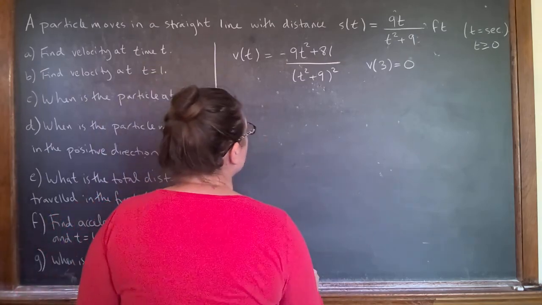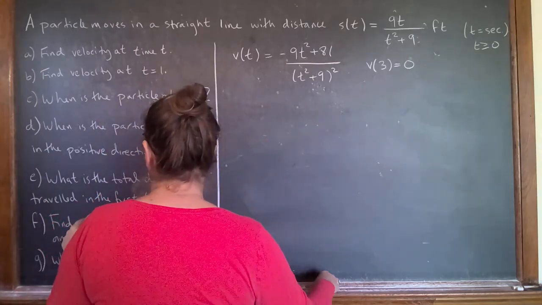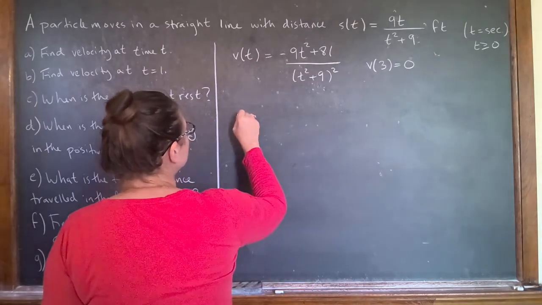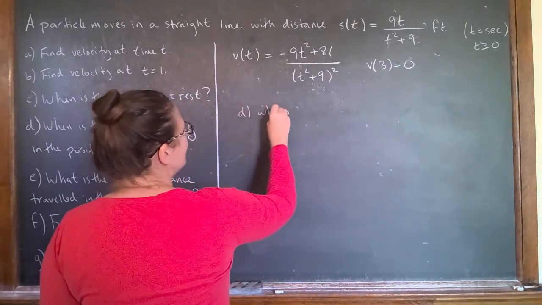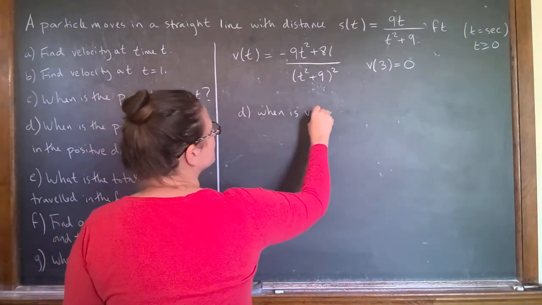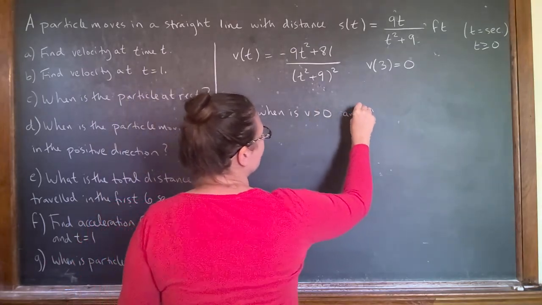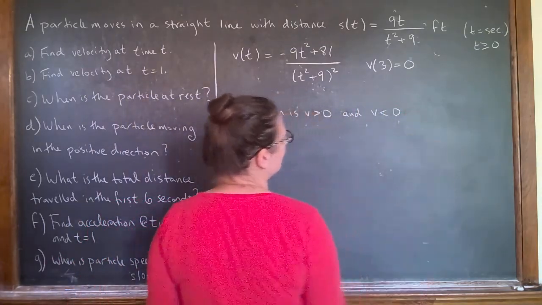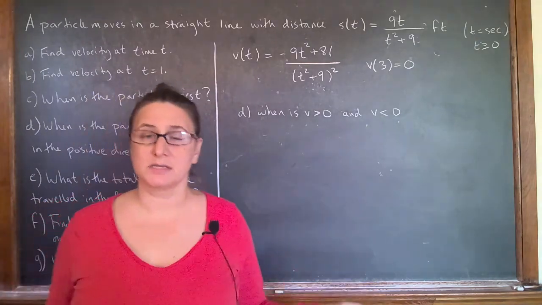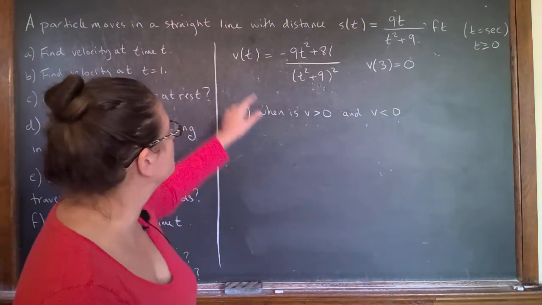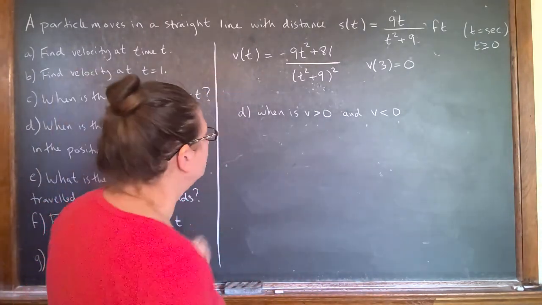So the question for part D is, when is the velocity positive and when is the velocity negative? Of course, all we need is a sign chart for the velocity function, which we have right up here.